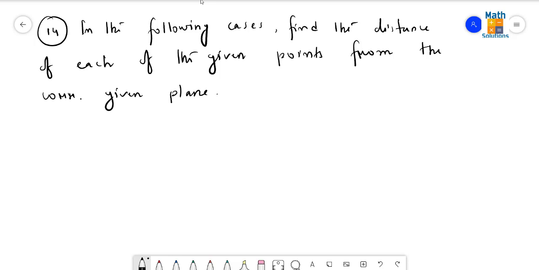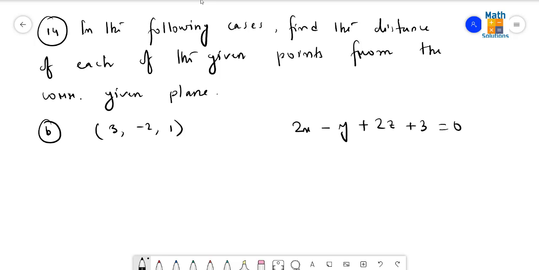So here 4 questions are there. I am picking up the second one, B. The point given is (3, minus 2, 1), and the plane is 2x minus y plus 2z plus 3 equal to 0.